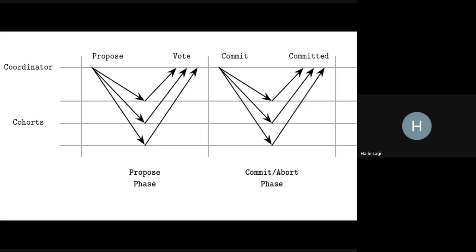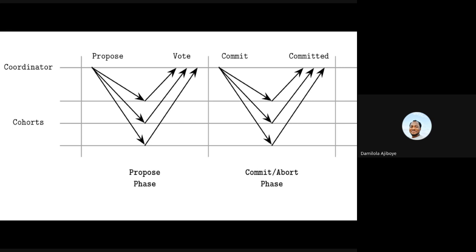It's not clear to me that even if the two-phase commit goes through successfully, you propose, they vote, and then they commit, how do you know that they committed? If we look at the last step, it's an acknowledgement that they committed, right?